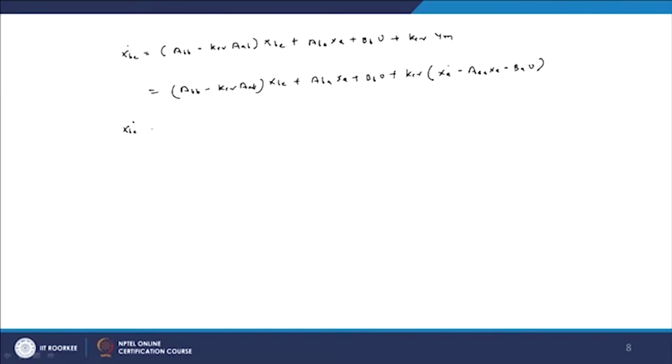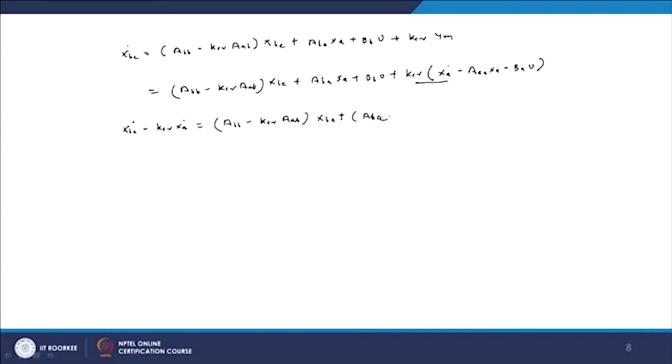XB dot minus this part K into XA dot, we can move to the left side. So, we write KER into XA dot, now here ABB minus KER into AB into XBE, and here ABA, now XA is common.